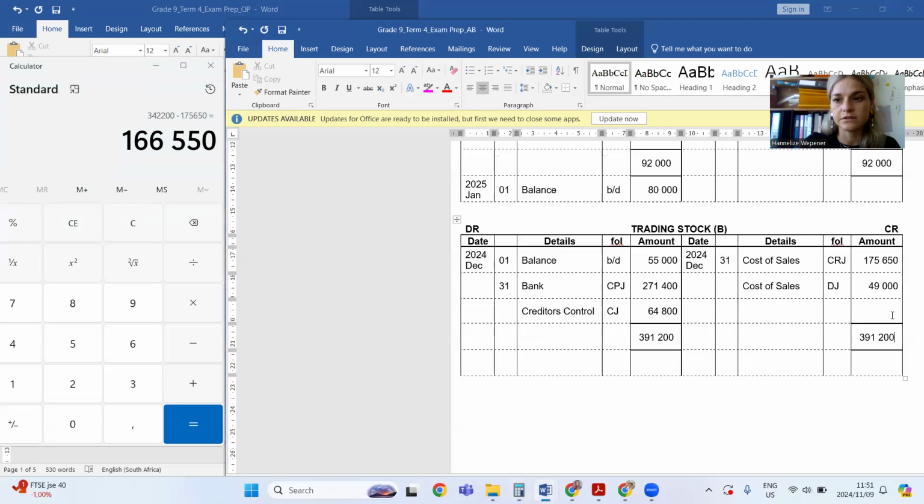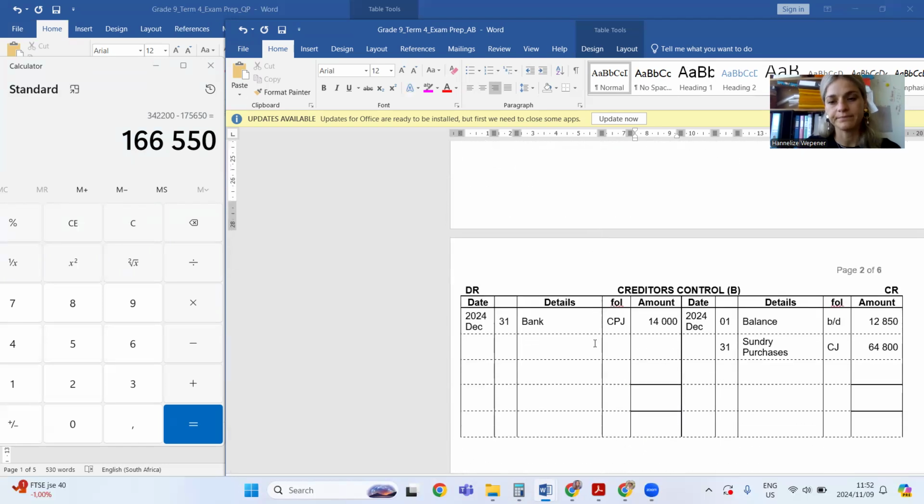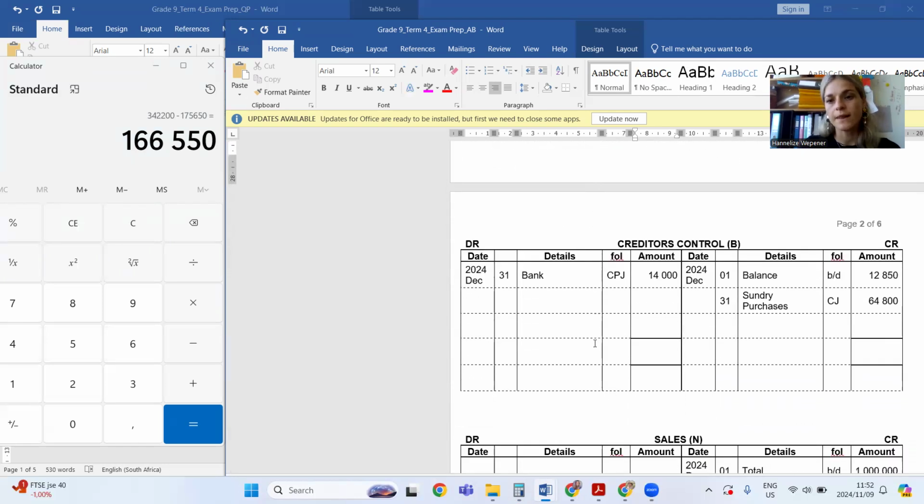Find that difference and write the difference in on the smaller side. And that is your balance carried down that you're bringing down in January. In other words, this is trading stock that you haven't yet sold that you can now sell in January.